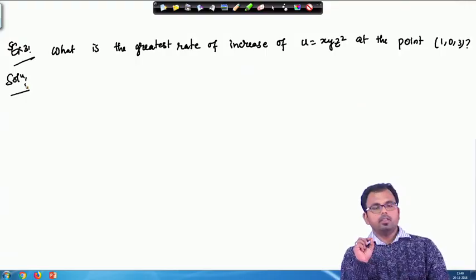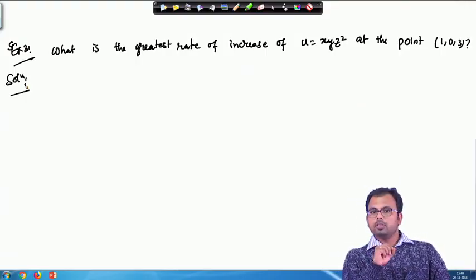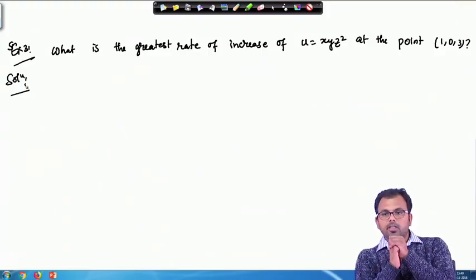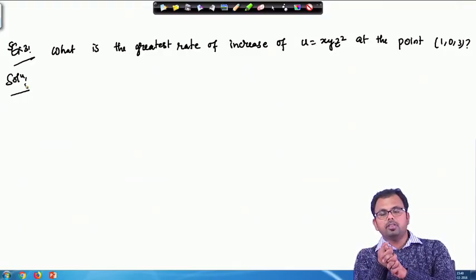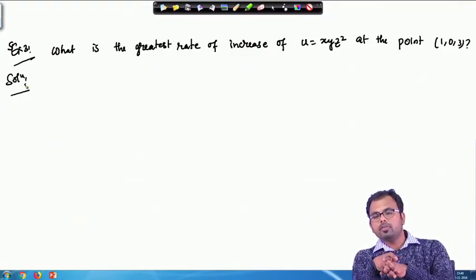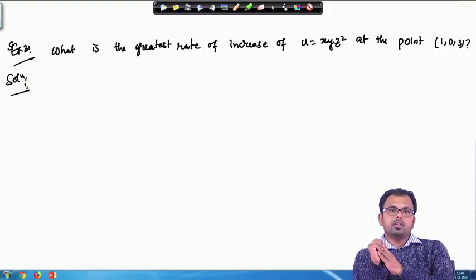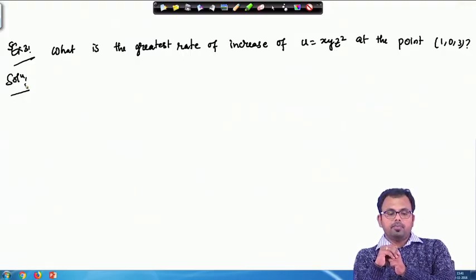We know that the directional derivative is the rate of change of function f with respect to the distance in the direction of a unit vector. So, df ds is the directional derivative, or the rate of change of the function f with respect to the distance or length in the direction of a vector a cap.